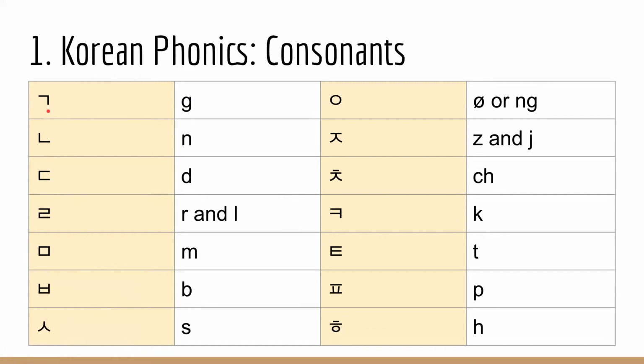So as you can see, this symbol, you pronounce it by the letter G. This is the letter N. This would be D. This one is kind of special because it's like two letters combined kind of in English because the letters aren't the same exactly.